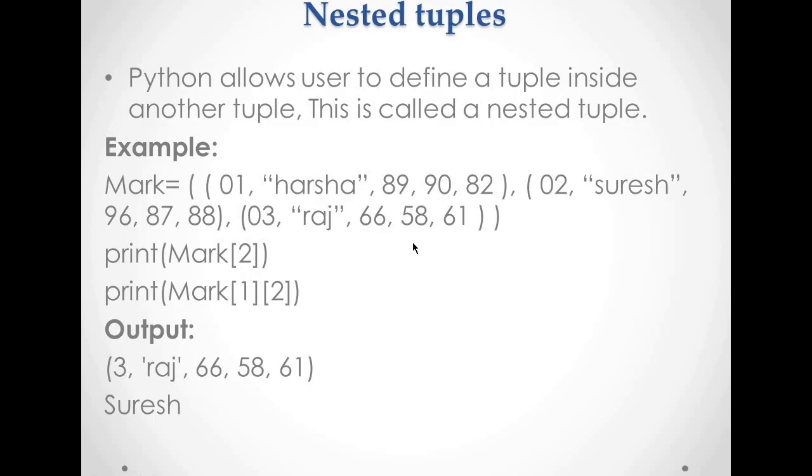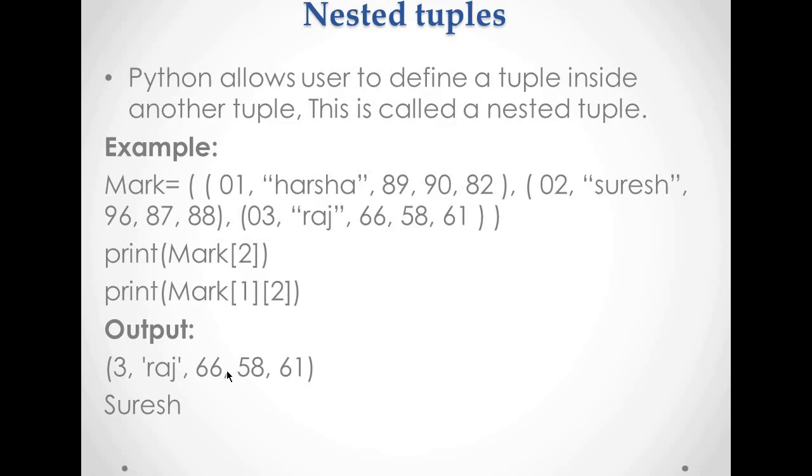So the output will be the third inner tuple. The entire third inner tuple has the index 2. The next statement will print the value in the first inner tuple, and inside it the element which has the index 2, meaning 0, 1, 2.